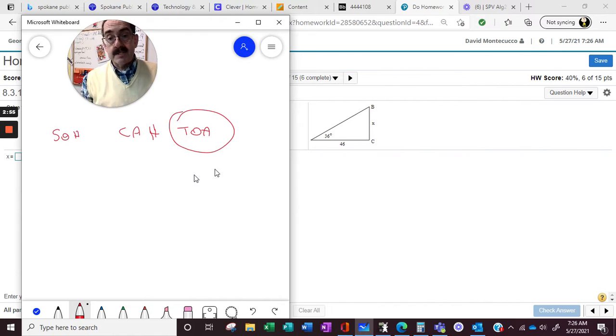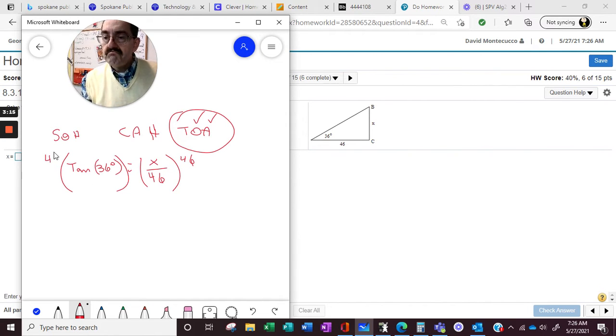So the tangent of 36 degrees is equal to x over 46. TOA. The opposite and the adjacent. All right. Well, now we just have to undo the division. What's the opposite of divide? Multiply. So when we multiply both sides by 46, those cancel. Grab our calculator, we're done.